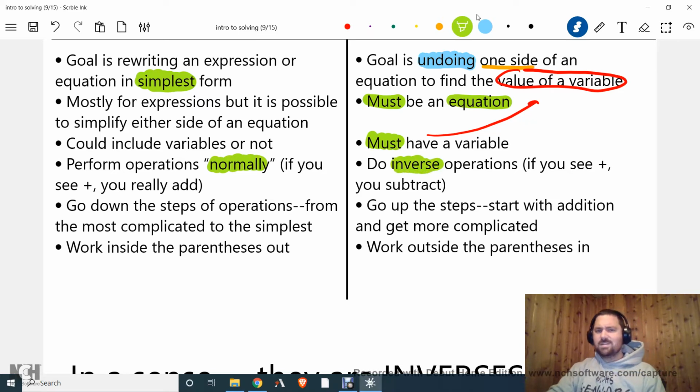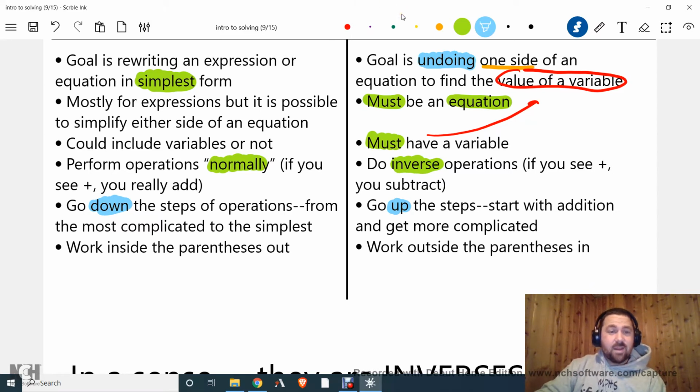So if you see addition, then you're subtracting. For simplifying, we looked at our steps of operations. You go down the steps of operations, right? We start at those powers and roots, and we work our way down the steps when we're simplifying. But for solving, you go up the steps. It's the opposite direction. We start by undoing addition, and then we undo steps further up.